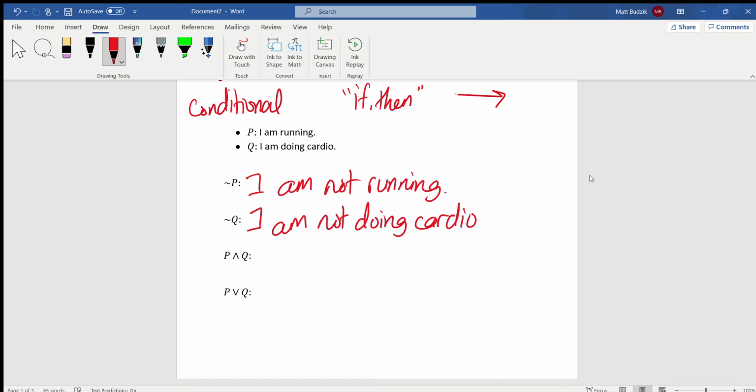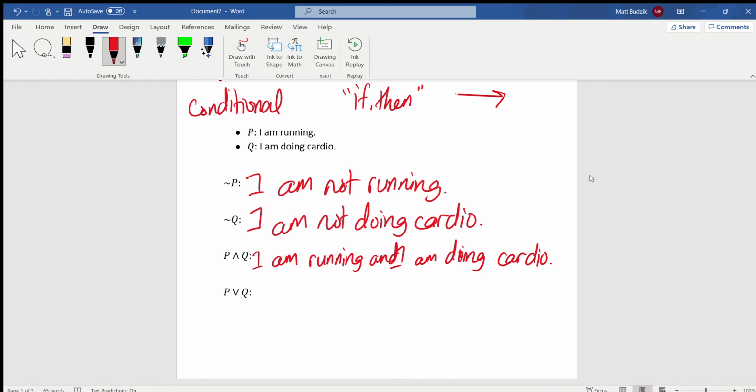So that's those there. Here we have P in conjunction with Q. So P in conjunction with Q would say, I am running and I am doing cardio. Okay. So that's the conjunction.